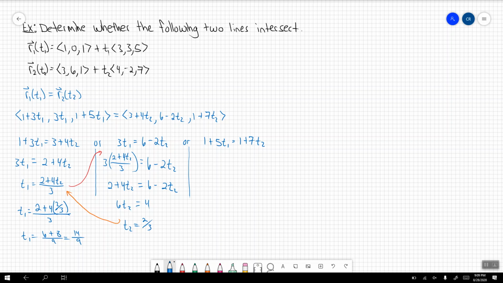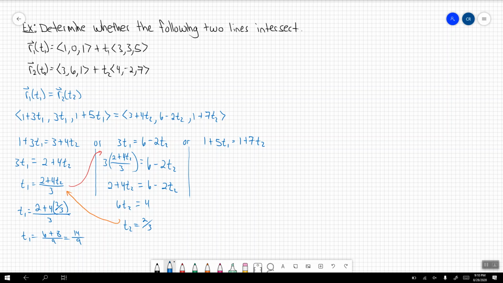So what I'm going to do is conduct more of a check. The check is, do these two numerical values that I found for t sub 1 and t sub 2 satisfy this third equation? If the answer is yes, the two lines intersect. If the answer is no, then I'm sorry, the two lines do not intersect. Let's go ahead and figure that out.